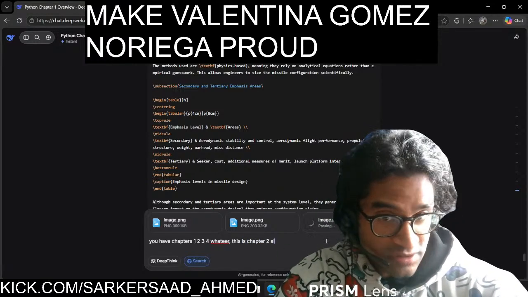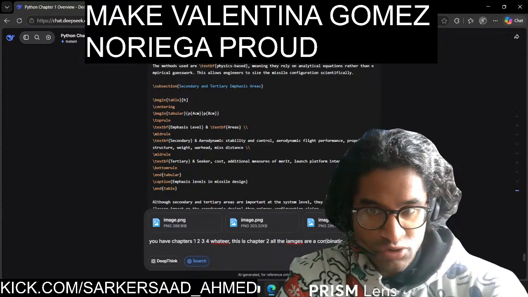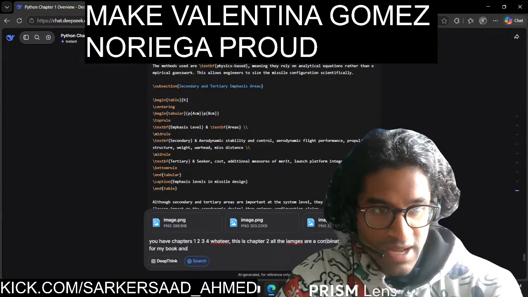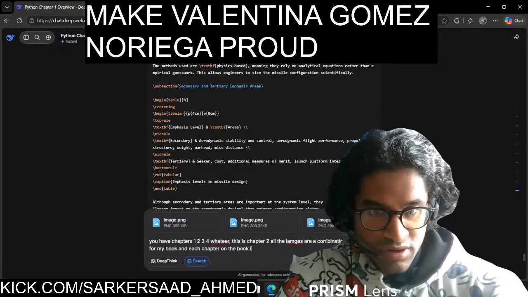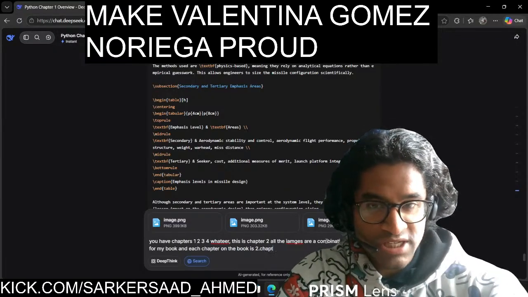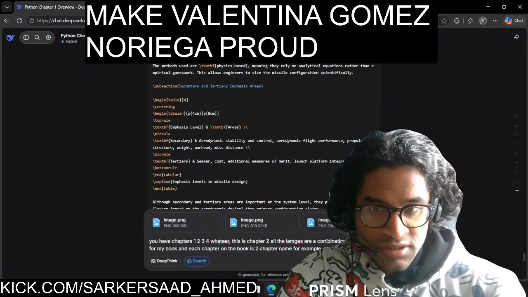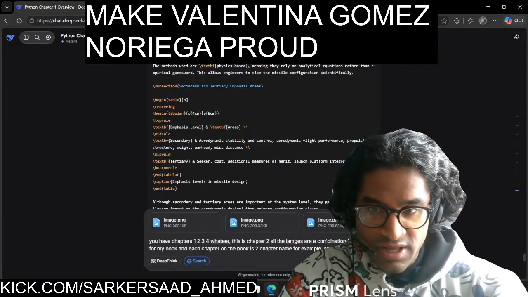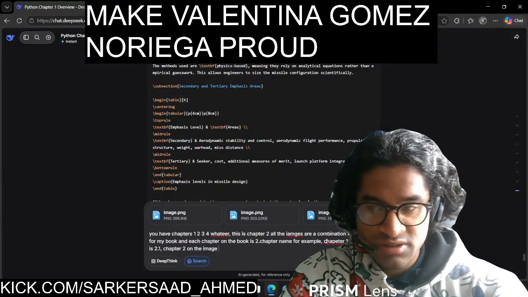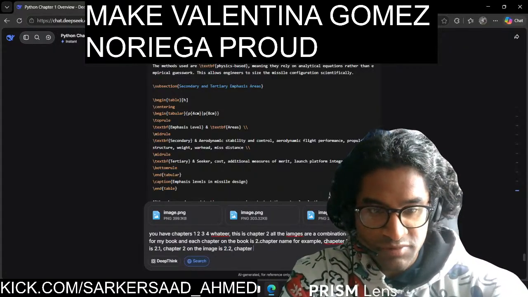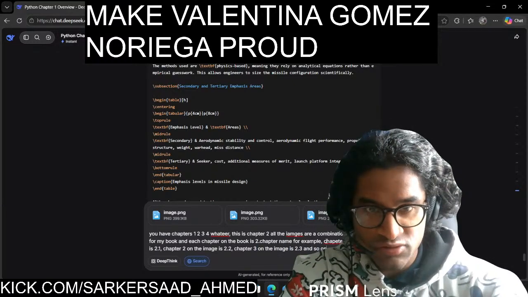All the images are a combination of chapter 2 for my book, and each chapter on the book is 2-point chapter number. For example, chapter 1 on the image is 2.1. Chapter 2 on the image is 2.2. Chapter 3 on the image is 2.3, and so on.